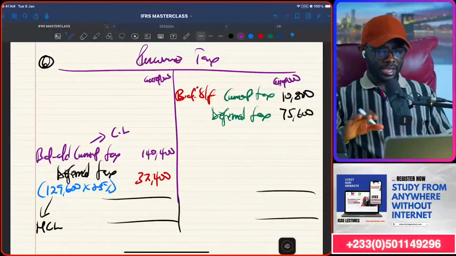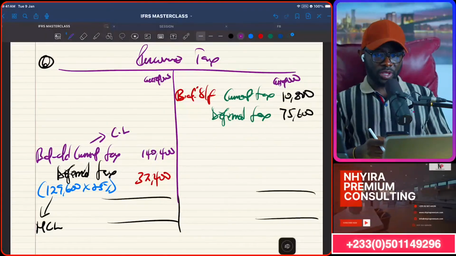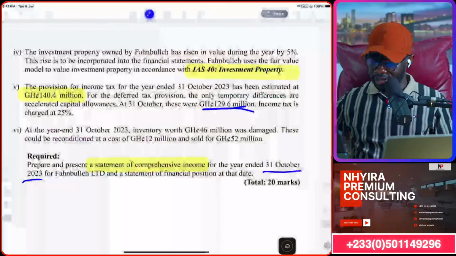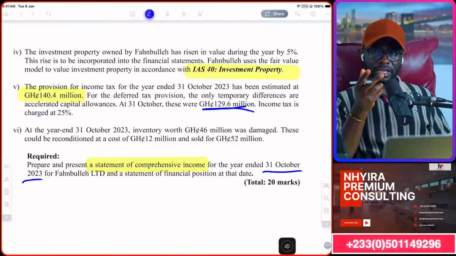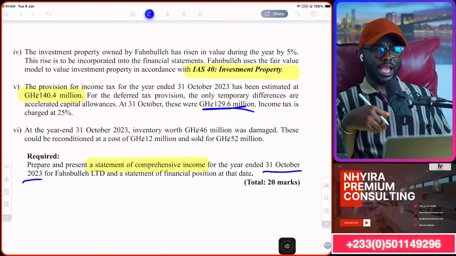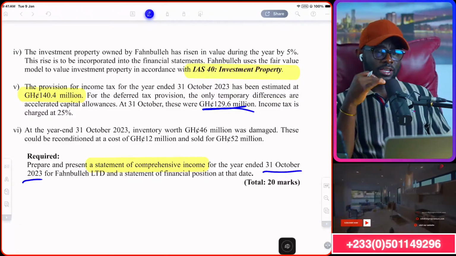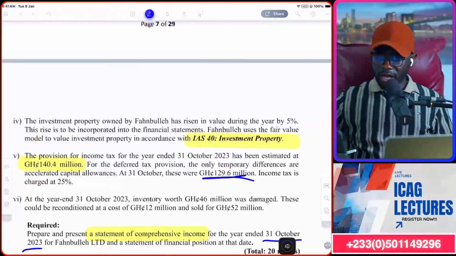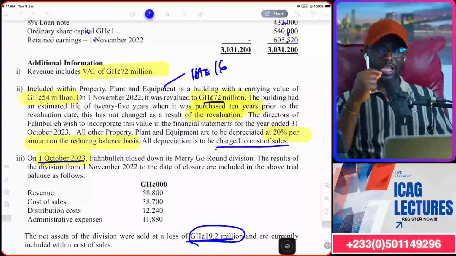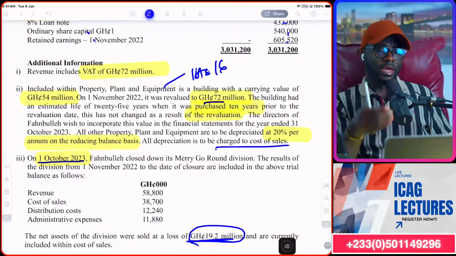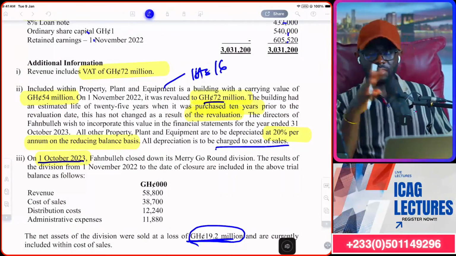So we balance the account up, the balancing figure will go to P&L. Again, as I'm emphasizing, sometimes movement in deferred tax must be taken to OCI. In this question, it is quiet. Also, there was a revaluation of the building, and revaluation of building may have resulted into deferred tax issue.